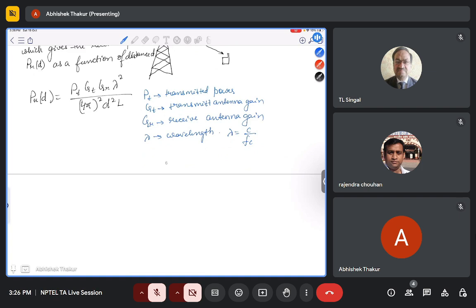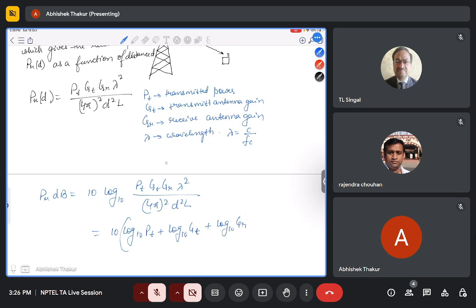Now let's suppose we have to find this value in dB. Then we will do 10 log base 10 of Pt Gt Gr lambda square by 4 pi square d square L. So this will become 10 log 10 Pt plus log Gt plus Gr plus 20 log lambda.